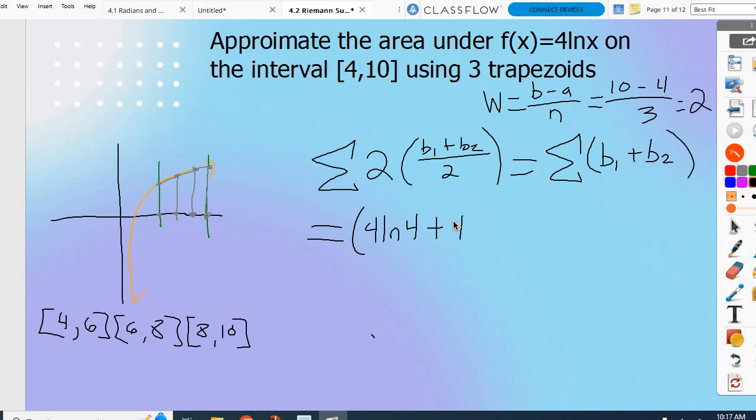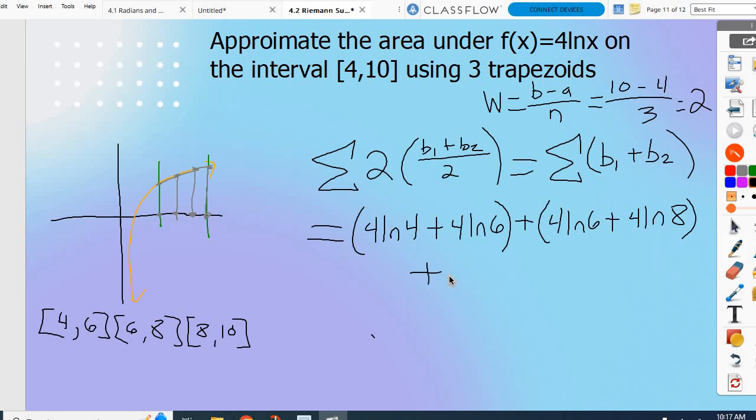So what do we get? 4 natural log of 6. Agreed? Now, the thing to notice is that my right endpoint for my first interval is also going to be the left endpoint of my next interval. Yes? So, that one is going to start at 4 natural log of 6. And then what's the right endpoint going to be at? 4 natural log of 8.